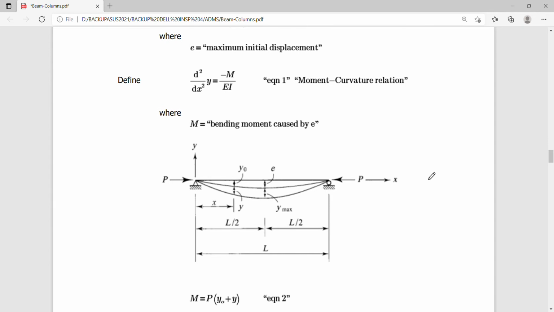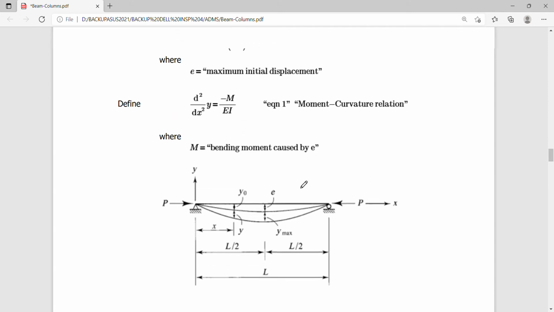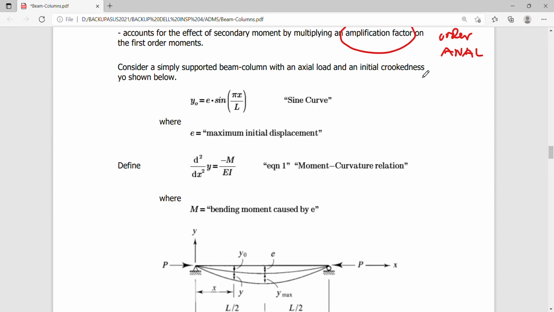So in case there's no consideration of any transverse load that will trigger an initial bending moment that will cause this to deflect, we can assume, and it is a good assumption, that we consider some imperfection coming from initial straightness or crookedness.